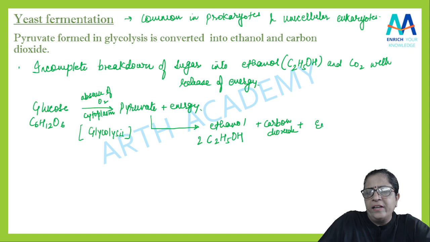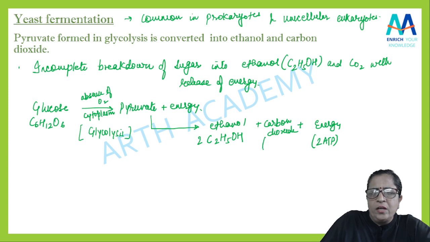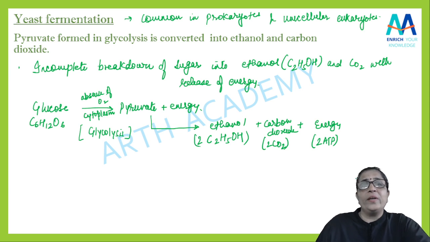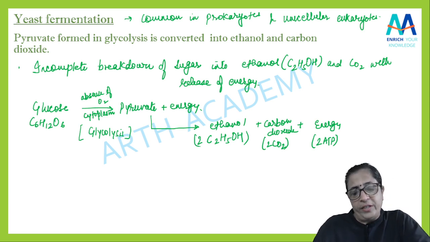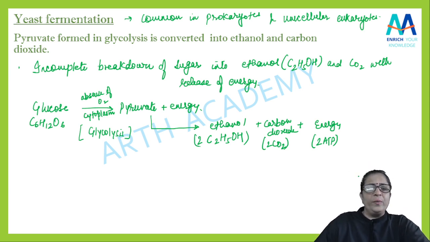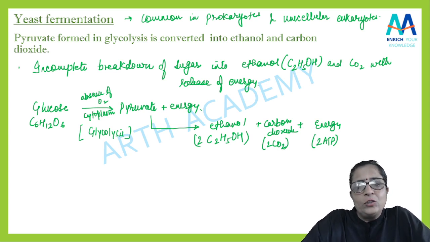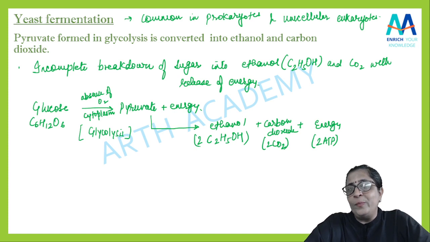And we will write energy in the form of 2 ATP, and this is your carbon dioxide. Two molecules of carbon dioxide as well as two molecules of ethanol. So this is your yeast fermentation. So what is happening in this fermentation? You get ethanol, carbon dioxide is released, and along with that you get energy.